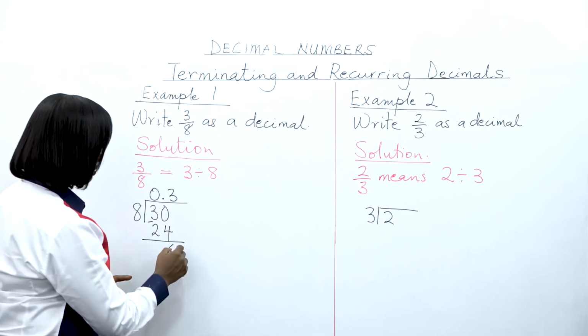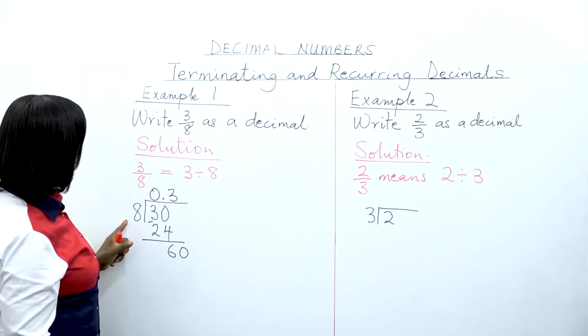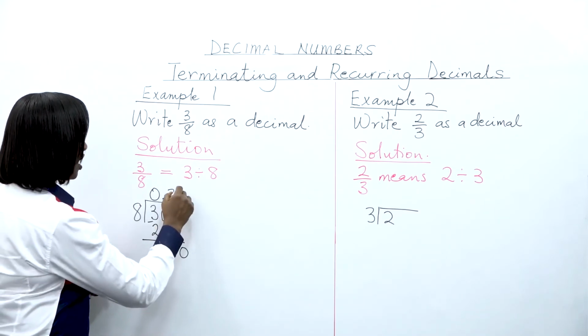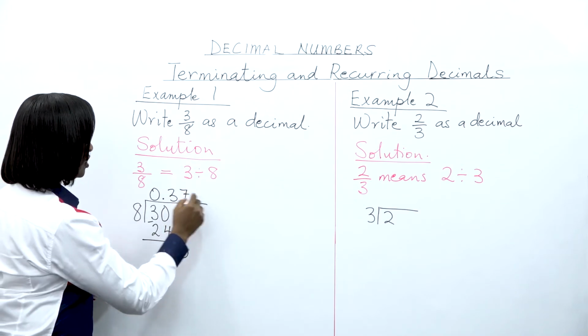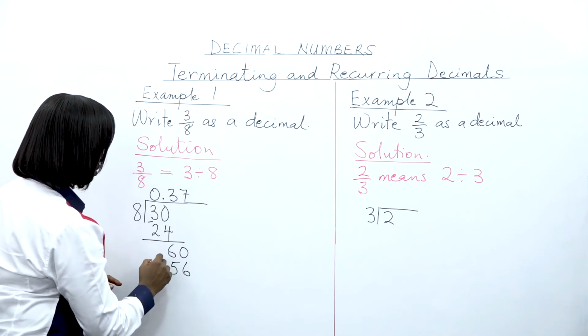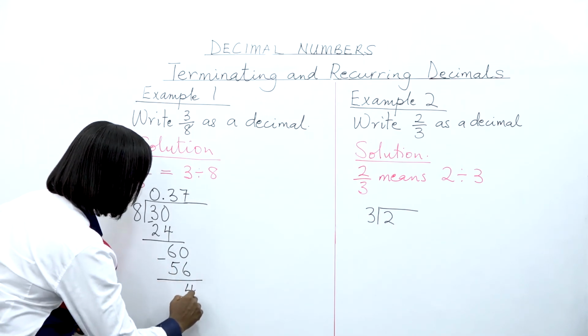We attach a 0 to the 6, it becomes 60. 8 into 60 is 7. 7 times 8 is 56. We subtract, and that leaves us with a 4.